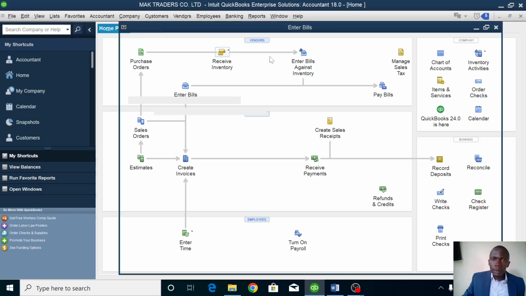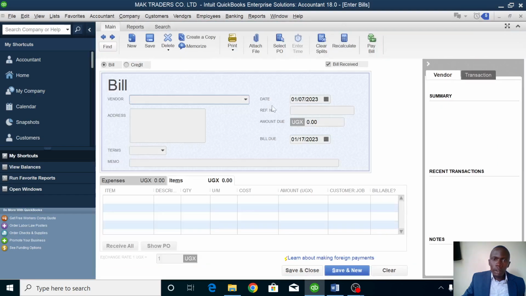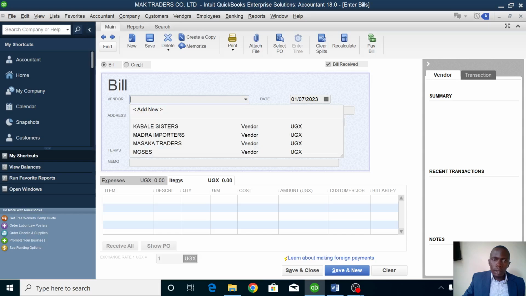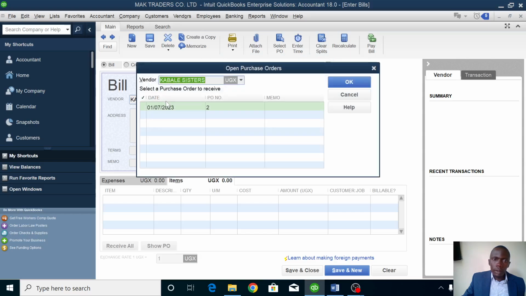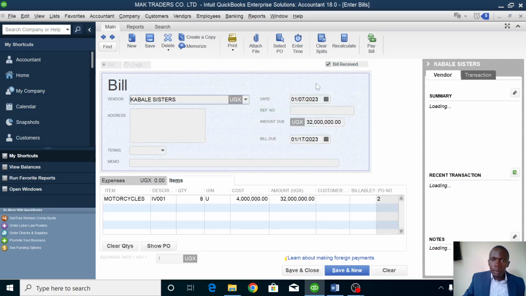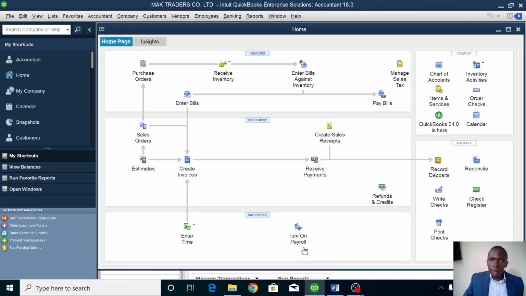We receive it with a bill. It was Cavalry Traders. Yes, we tick this one, so we say yes. So the date is clear, we say save and close.